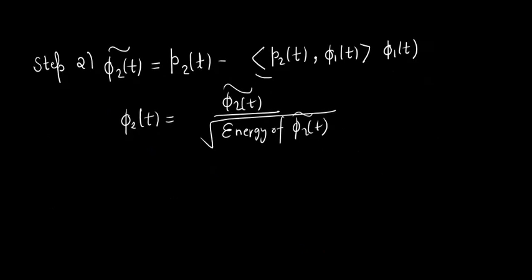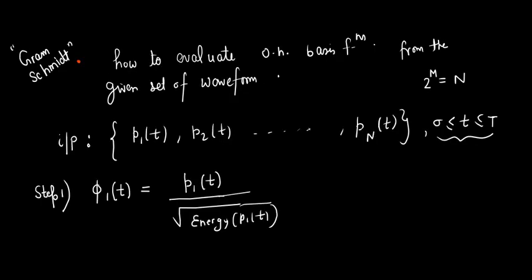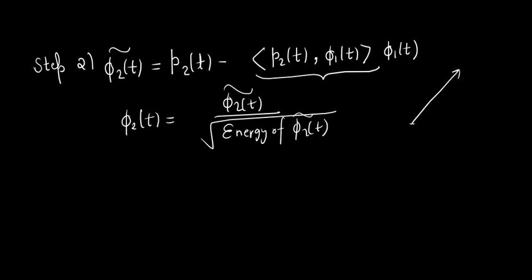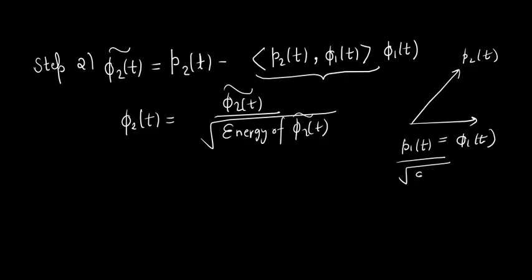This term is, first you have to project your current waveform p2(t) over the previous orthonormal basis. So this is like how much of it lies over phi 1(t). What is phi 1(t)? Whatever was p1(t), we have just normalized it. Yes or no?